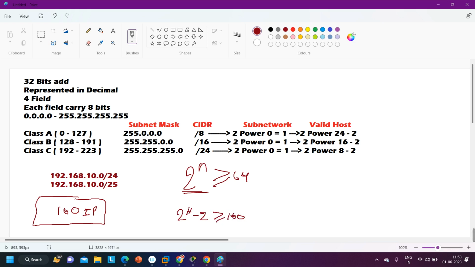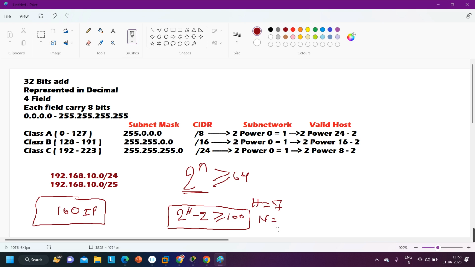So what will be the value of h you will put over here? Definitely h should be 7.